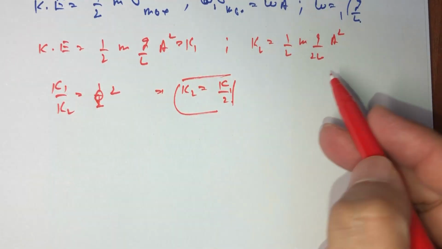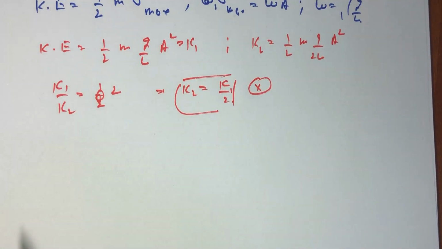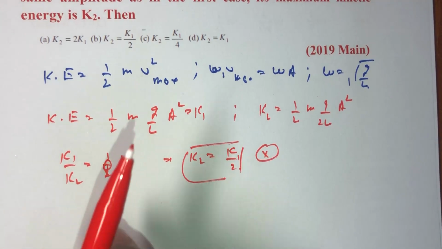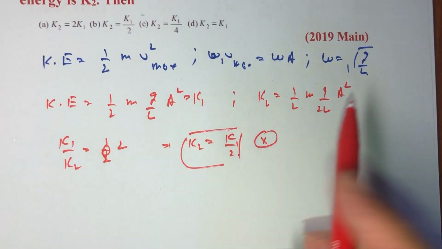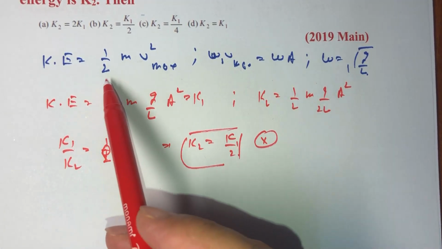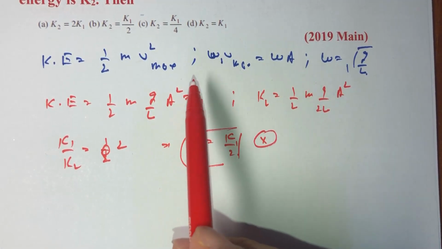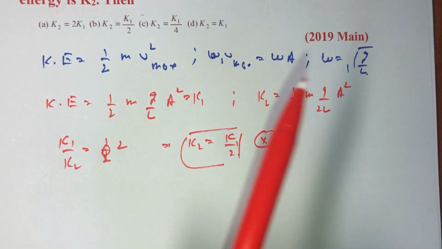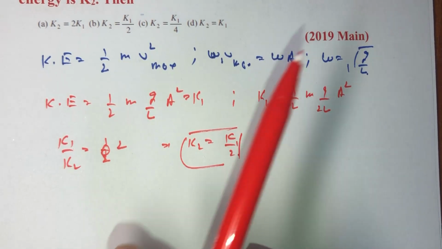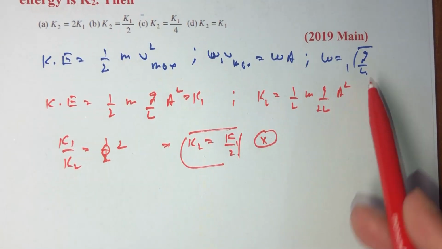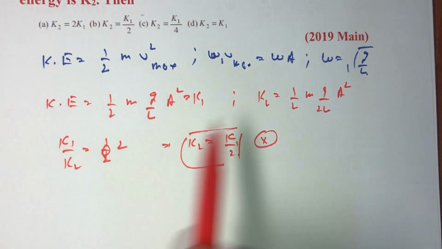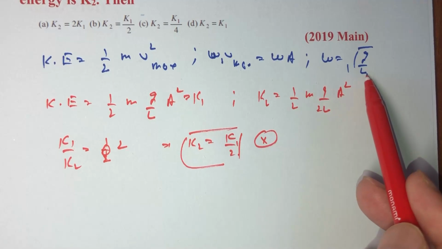But the problem is that this is not the correct answer, and neither is this the correct way of solving the question. The issue is that the kinetic energy equation which we have used in this case is based on the conservation of energy principle, and in that principle the length is taken as L, and in the entire process the length doesn't change.